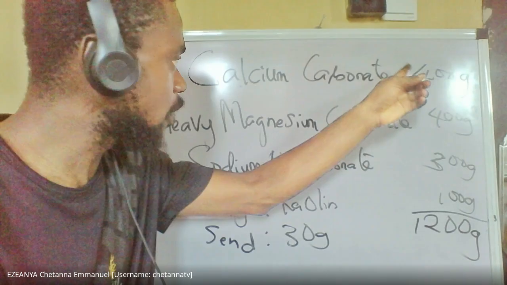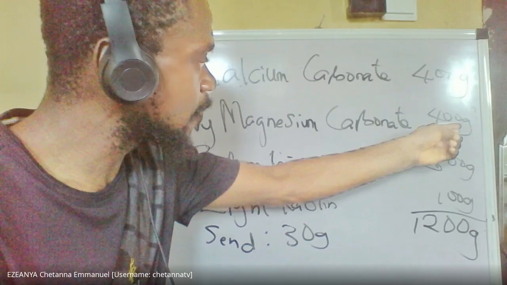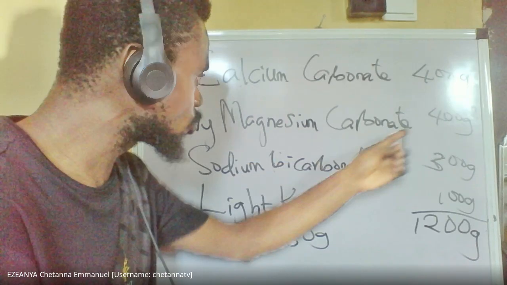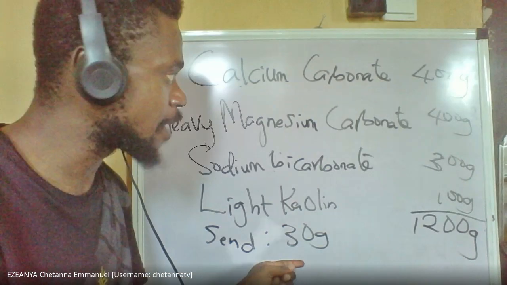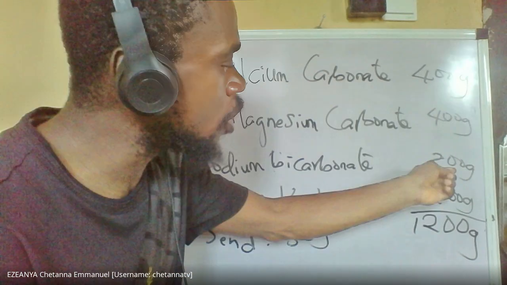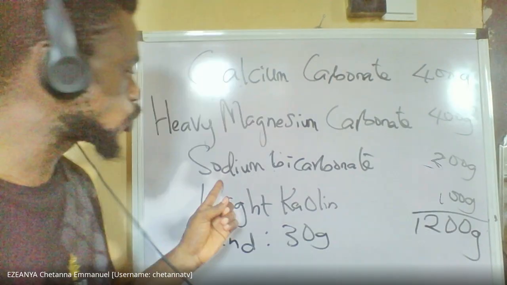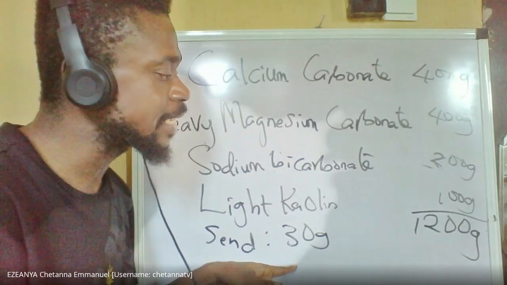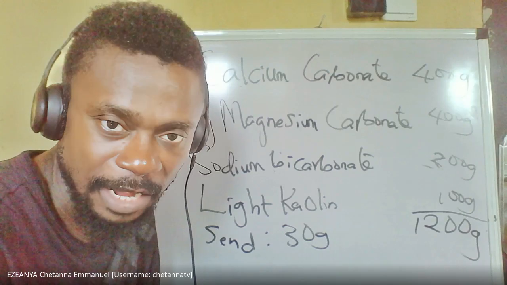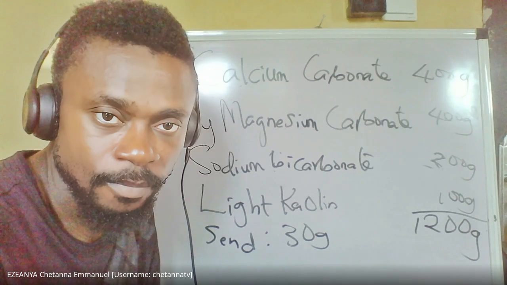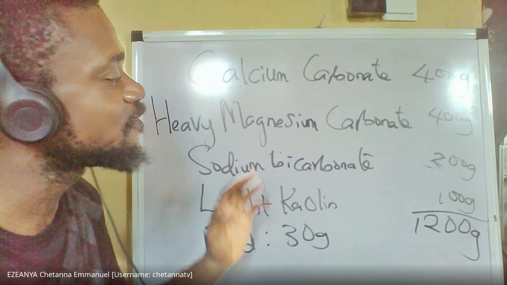You set a proportion with this and this, for heavy magnesium, and get the amount of heavy magnesium that should be under 30 grams. And if 300 grams is under 200 grams, you set a proportion with this and 300 grams. You get the amount of sodium bicarbonate that will be under 30 grams. This is what you do for all the ingredients, one after the other. It's longer than the factor method, but me, I prefer using the factor method.